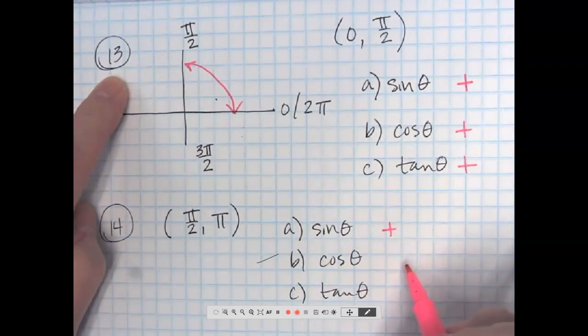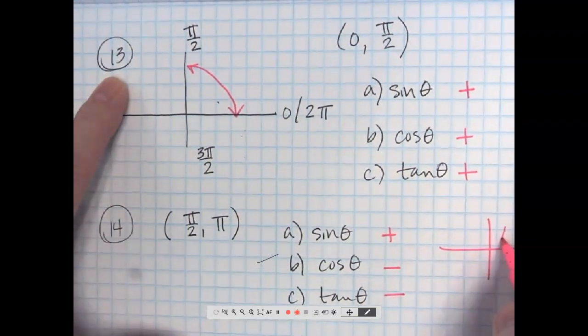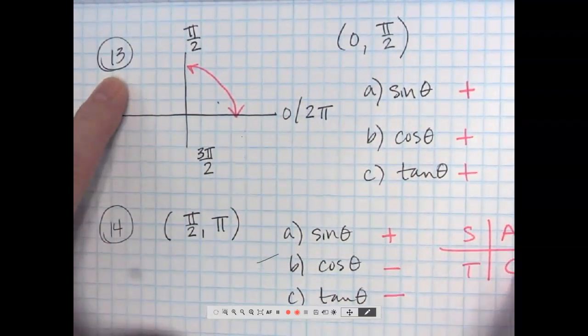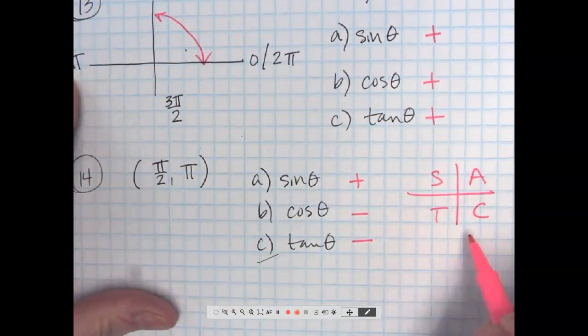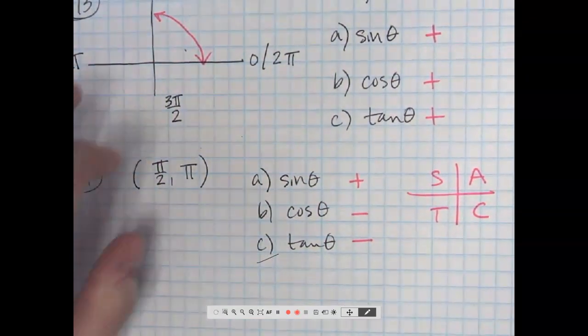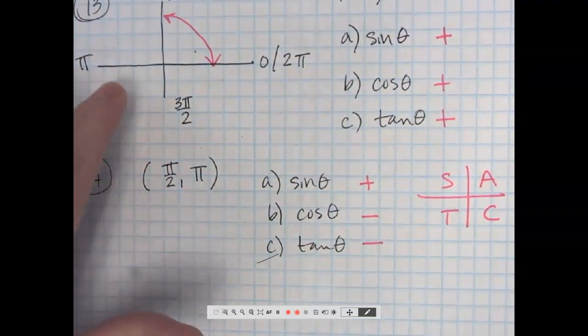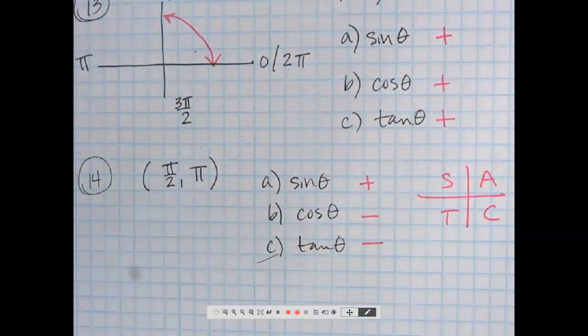What about cosine? Negative. And tangent? Negative. Because remember our thing that says all students take calculus? These are telling us what is positive. So if it's not positive, guess what? It's negative. Okay, so 15 and 16, same thing going on. It's just moving on to the third and fourth quadrants. Okay? Yes, in that order.